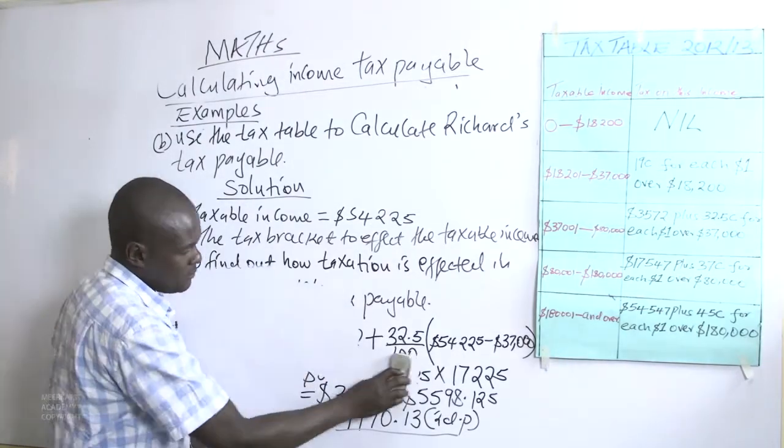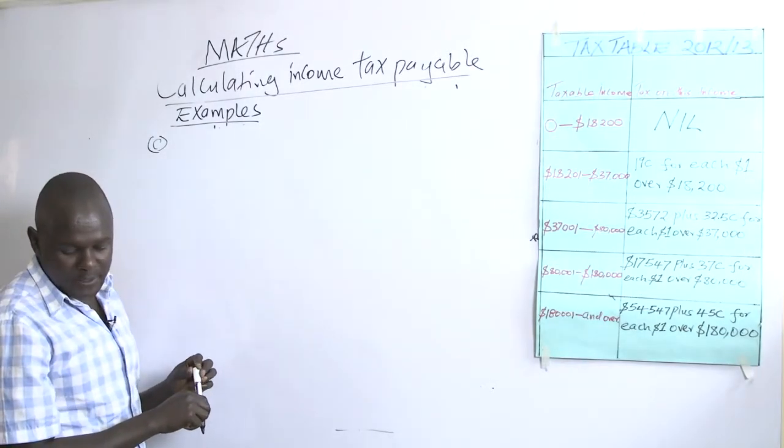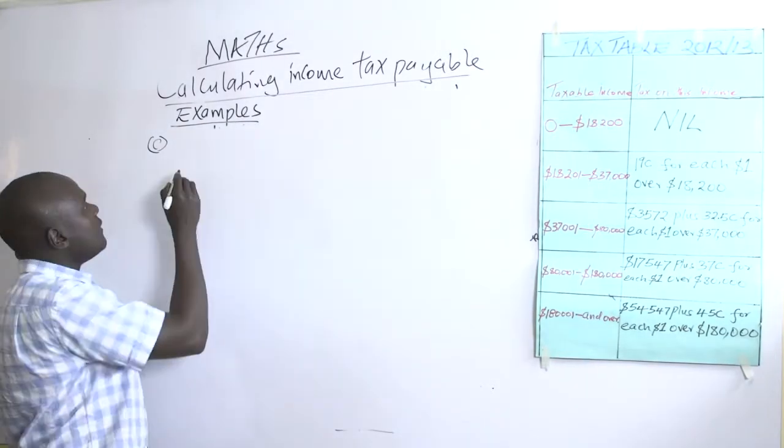That is question C. And the third question, we are told that Richard must also pay the Medicare levy.